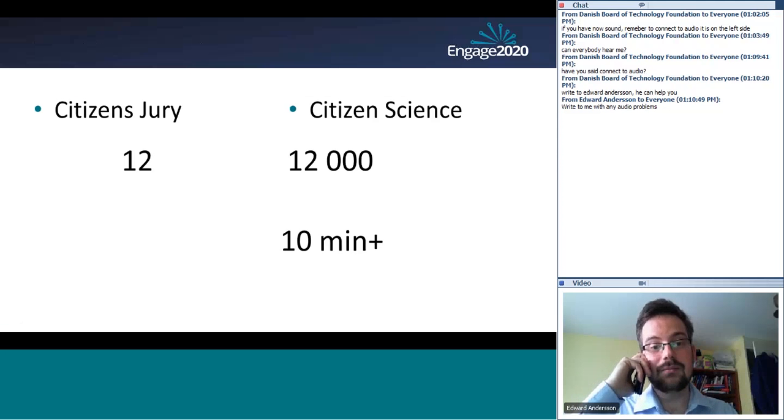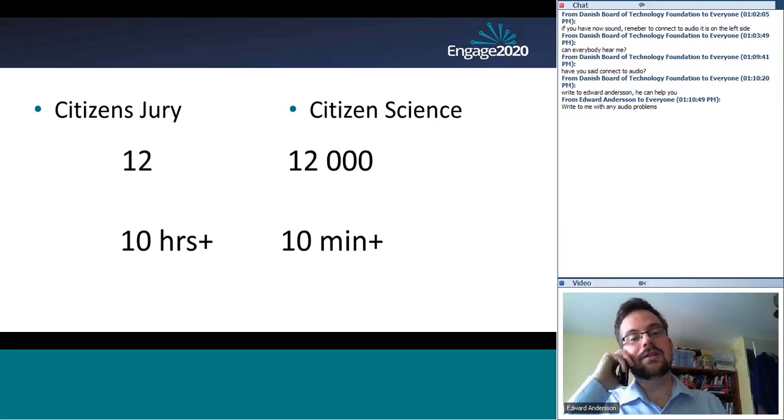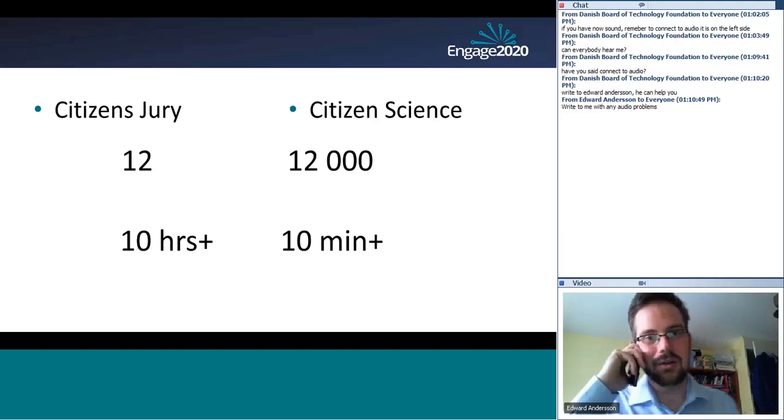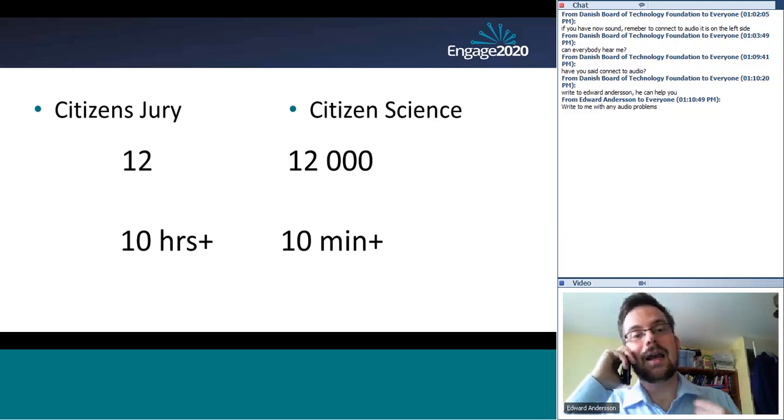But we cannot just judge it by the number, because in the citizens' jury, the participant may have spent 10 or 20 or 30 hours discussing, debating, really understanding the issue, whereas in the citizen science process, the participant has only spent a limited time. Of course, there are super users who spend many, many hours on a citizen science project, but the average user will have much less active involvement.